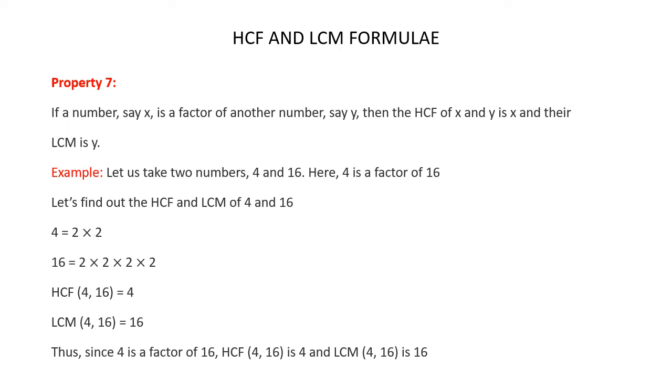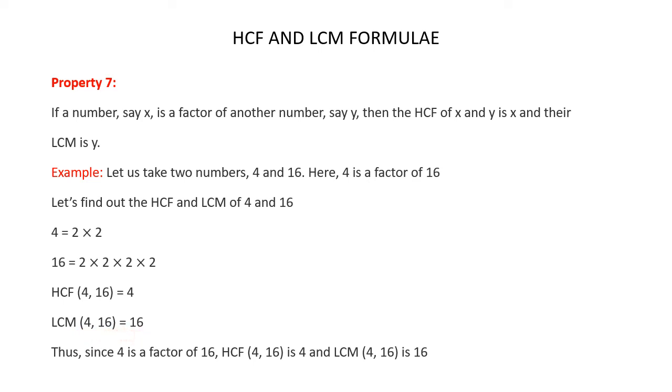So 4 can be written as 2 multiplied by 2. 16 can be written as 2 multiplied by 2 multiplied by 2 multiplied by 2. Now when you look at these factors, you'll see that the HCF of 4 and 16 is 2 multiplied by 2, which is 4. And LCM of 4 and 16 is 2 multiplied by 2 multiplied by 2 multiplied by 2, which is 16.